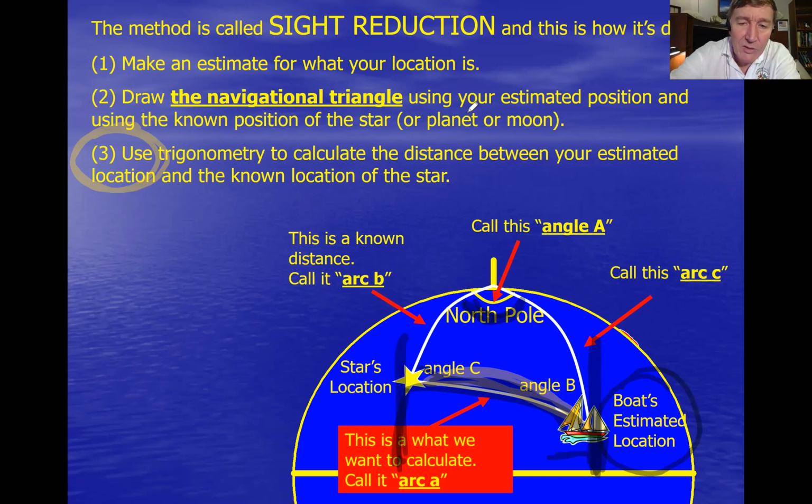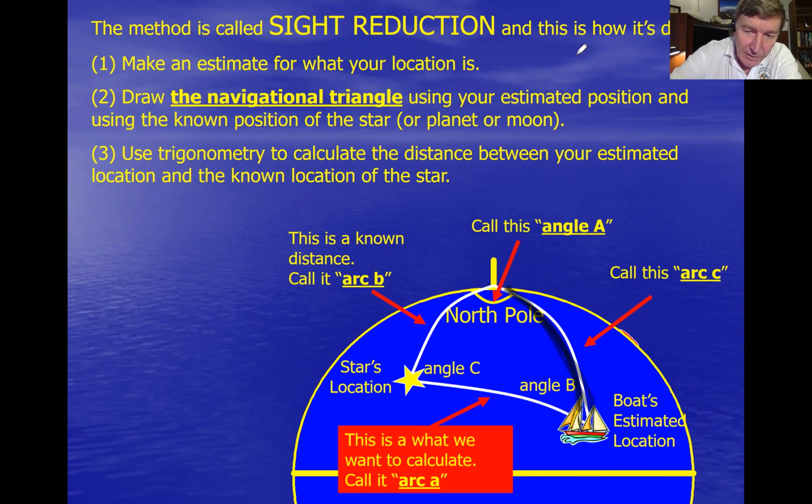And so what that means is we know this angle right here. That means we then know how long this side of the triangle is, we know how long this side of the triangle is, and we know what this angle is in between those two sides.